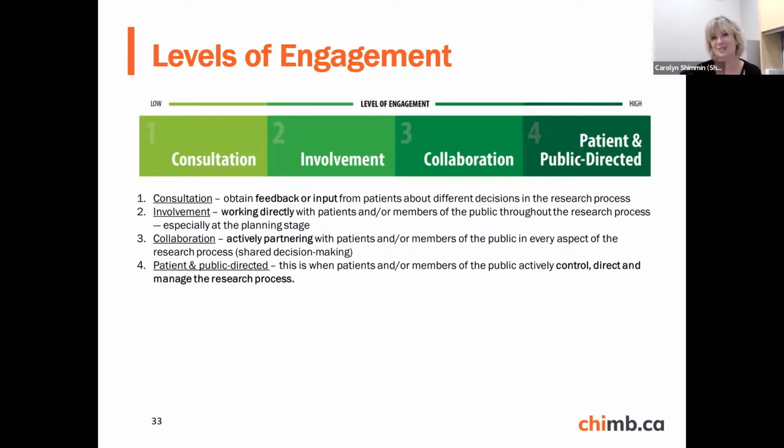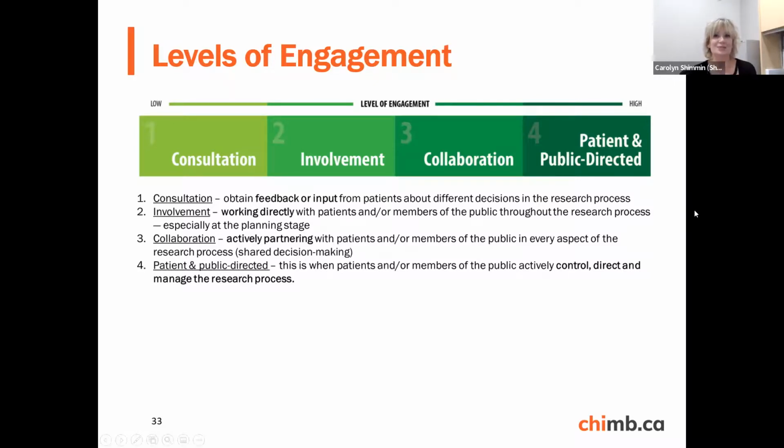And then at the patient and public directed phase, this is the ultimate. Sometimes we call it user controlled or user led research, or sometimes you hear community led research. And this is when patients or members of the community actively control, direct, and manage the research process. So patients or members of the public decide on the issues and the questions to be looked at, as well as the way the research is designed, planned, and written up.